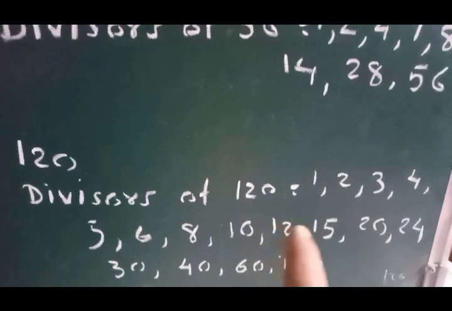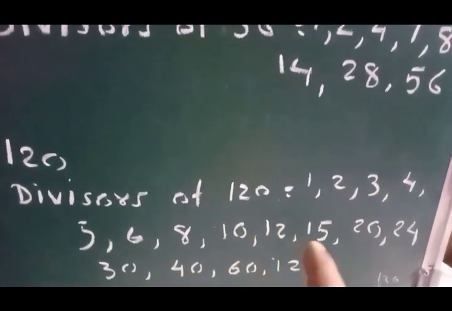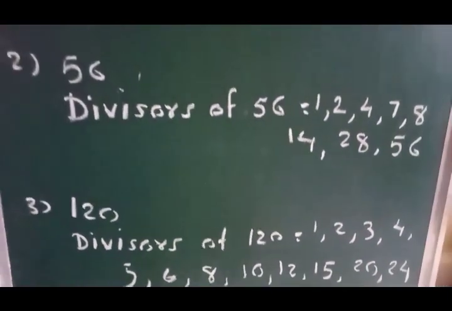So the divisors of 120 are 1, 2, 3, 4, 5, 6, 8, 10, 12, 15, 20, 24, 30, 40, 60, 120.